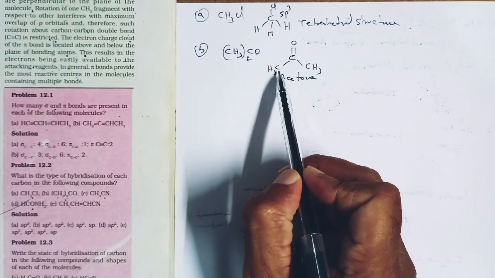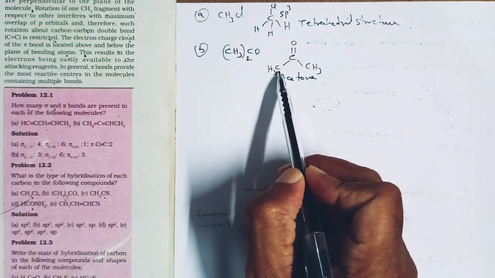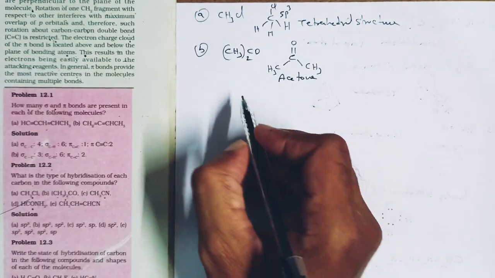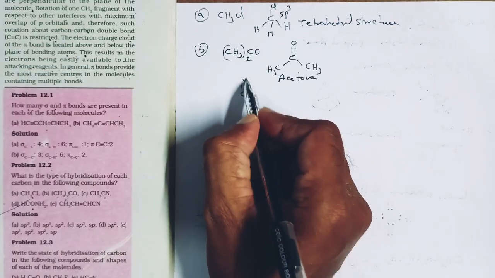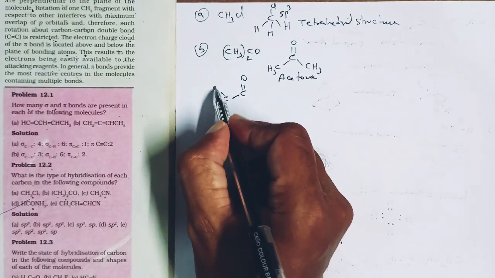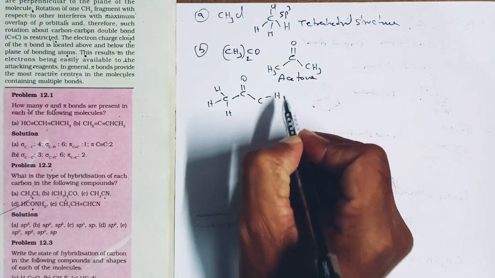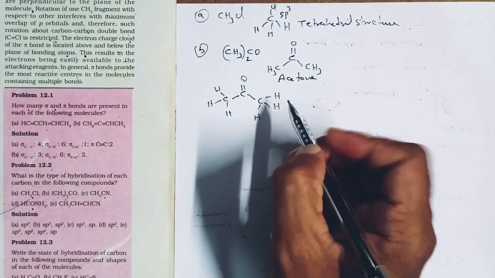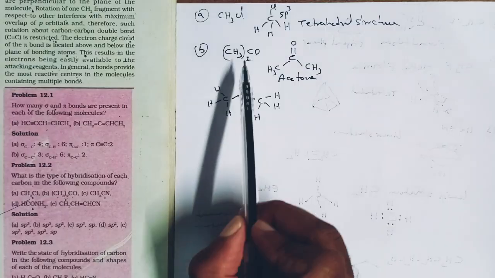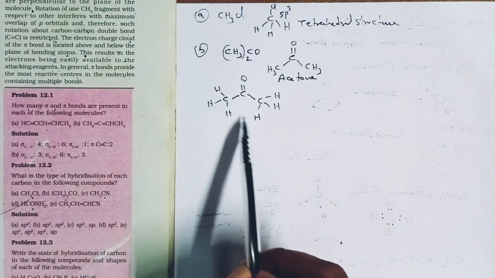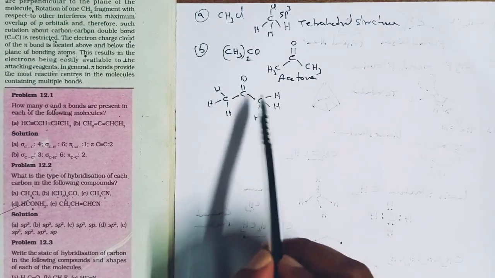Now this carbon is sp3 hybridized, because if we expand this structure, it comes like this: H, H, H. This side also H, H, H. So we can expand the structure like this.